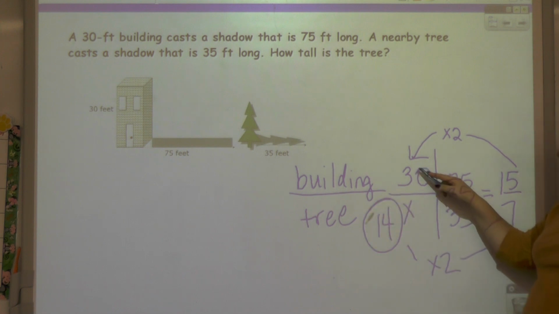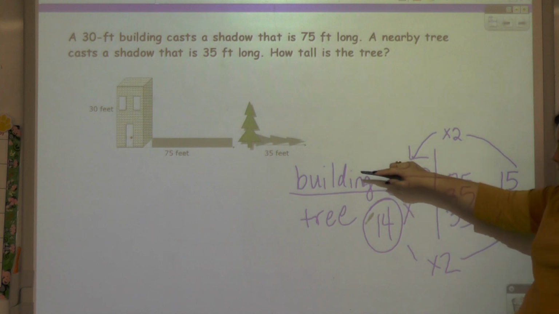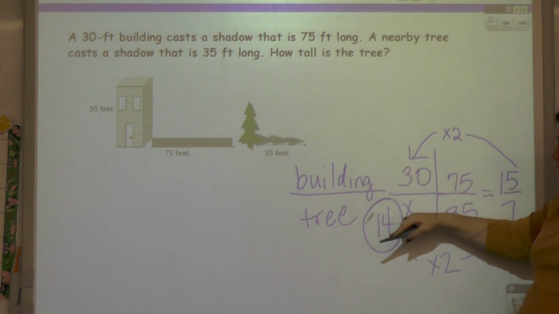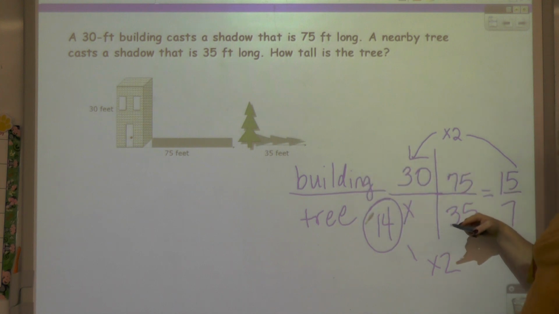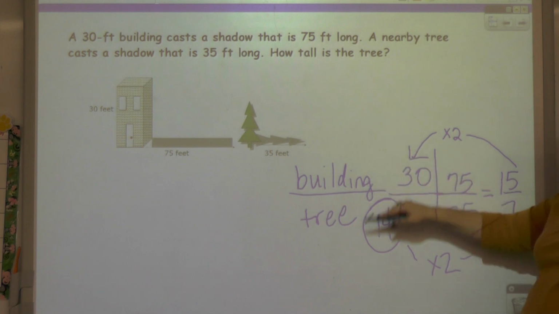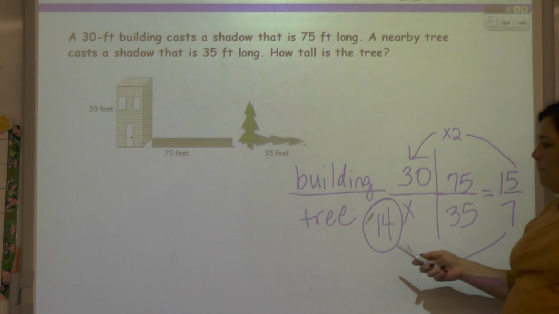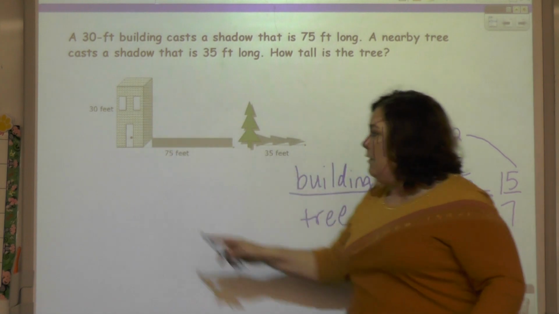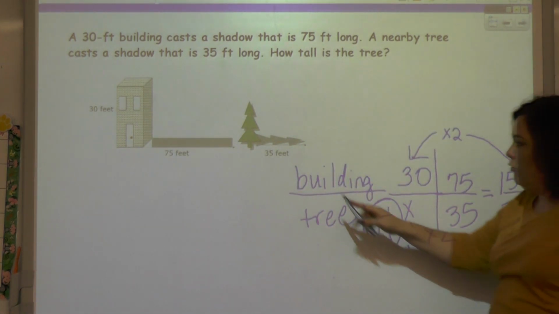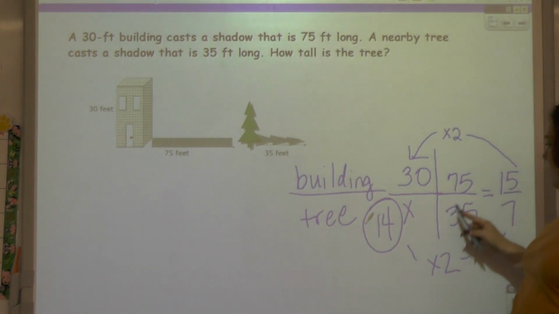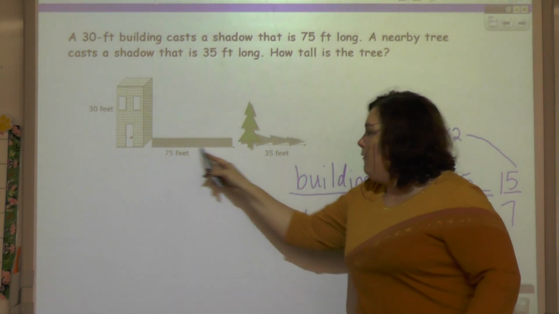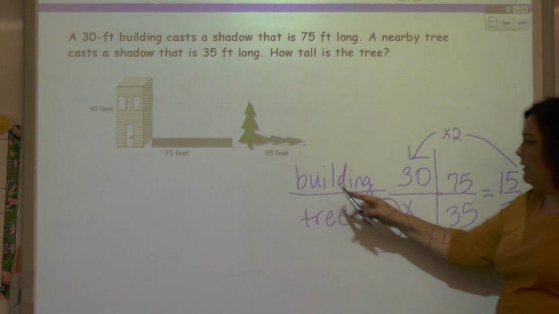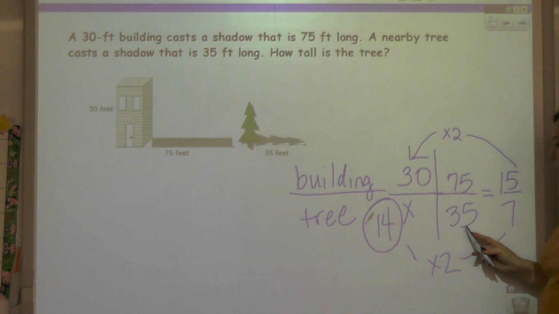Now we could say the building to the shadow, the thing to the shadow, or we could say the building to the tree. But we have to line up. You have to see the height is 30, and we're trying to find the height of the tree. And the length of the shadow for the building is 75, and the length of the shadow for the tree is 35.